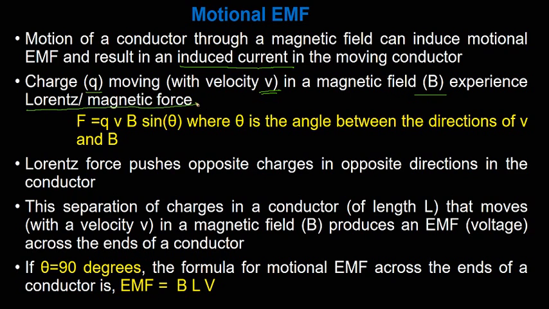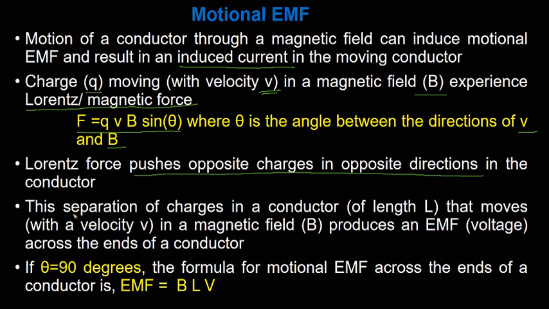And we have seen this before. The Lorentz force is given by this formula, where theta is the angle between the velocity vector of the charge and the field which is present in the surrounding region of the charge. So once the Lorentz force starts acting on the charge, it is going to push opposite charges in opposite directions inside the conductor. That means positive charges get pushed towards one end and the negative charges get pushed towards the opposite end of the conductor.